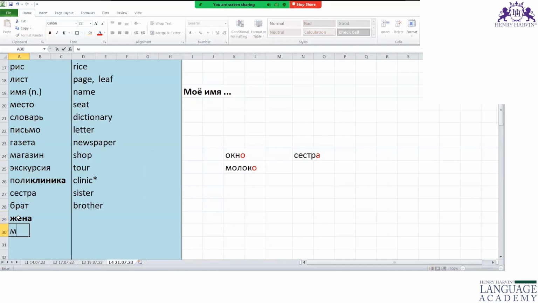We will write also муж, husband. Easier to remember in pairs. Жена, муж, инженер. Инженер is engineer.